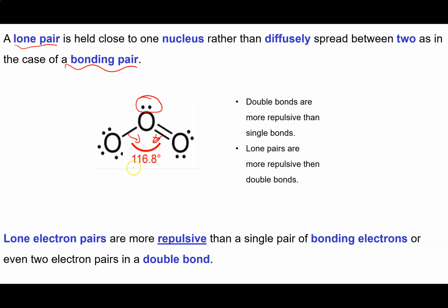So rather than seeing the perfect bent angle of 120 degrees, the angle in ozone is actually closer to 117 degrees. We see deviations from ideal bond angles for two reasons. When we have double or triple bonds, those bonds are more repulsive than single bonds, so we get a deviation due to that. And lone pairs are more repulsive than bonds of any type, so they tend to cause deviations as well. So something to keep in mind when you're answering questions about whether you expect to see the ideal bond angle or not.